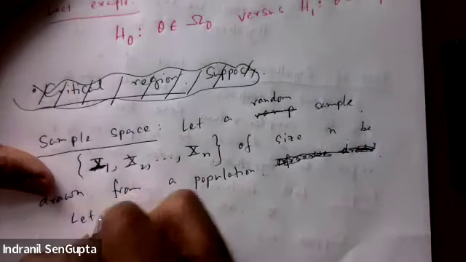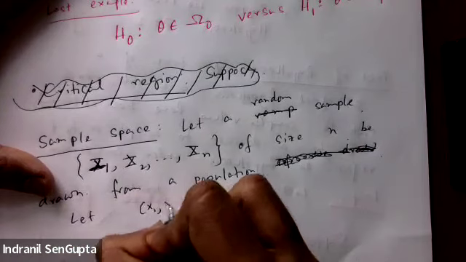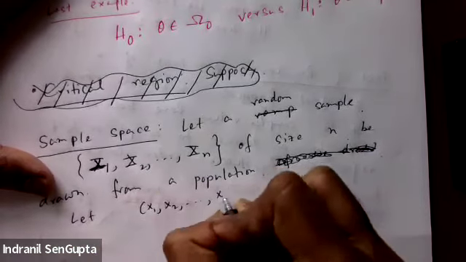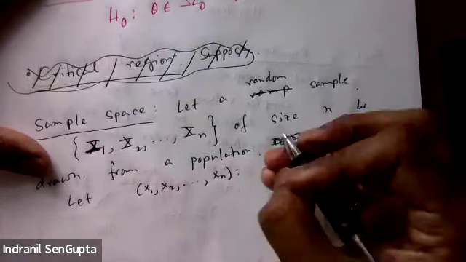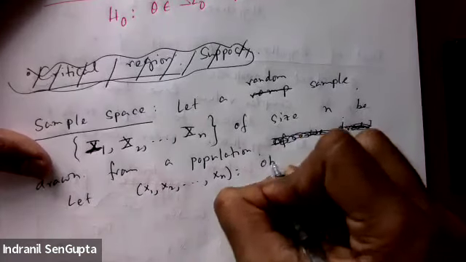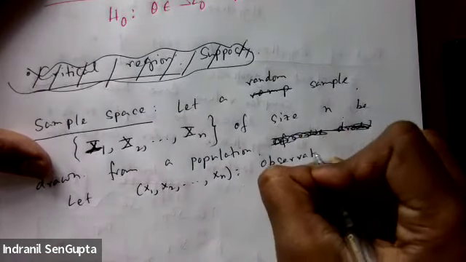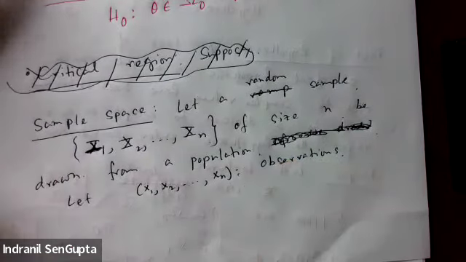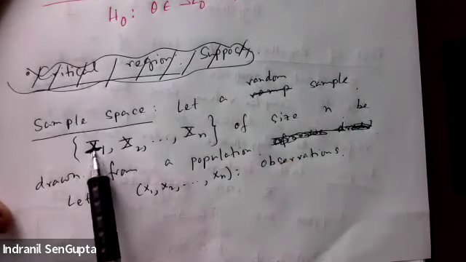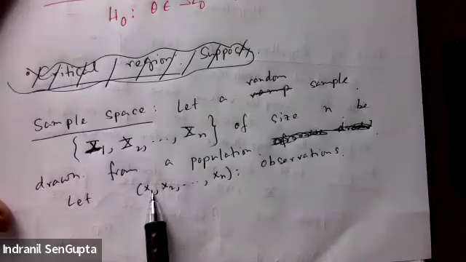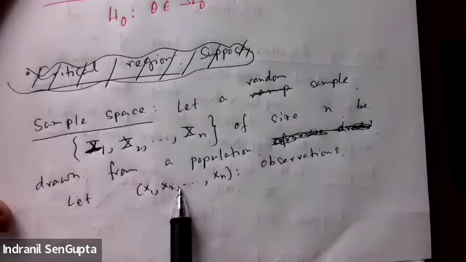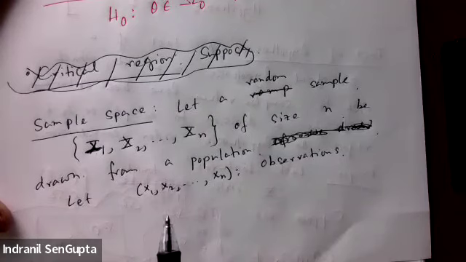So let x1, x2, ..., xn be the observations. Meaning that suppose we observe this one: the random variable X1 takes the value x1, random variable X2 takes the value x2, random variable Xn takes the value xn.